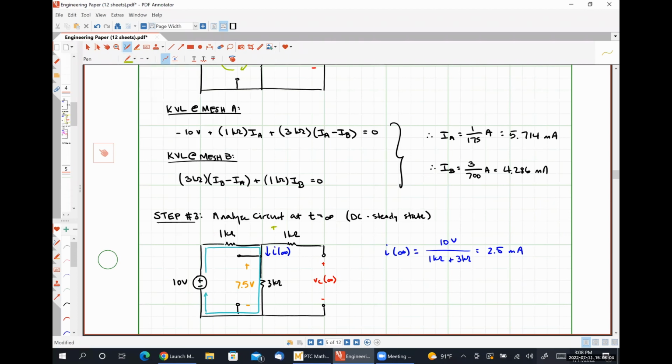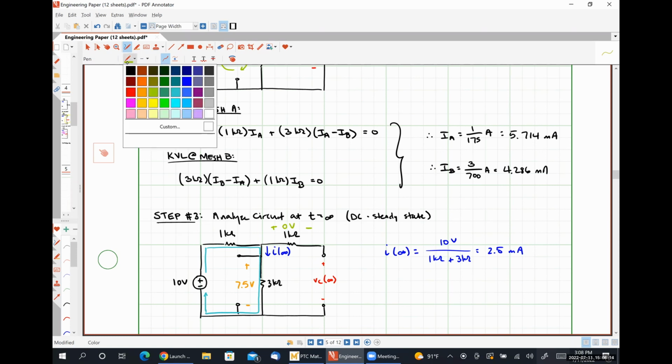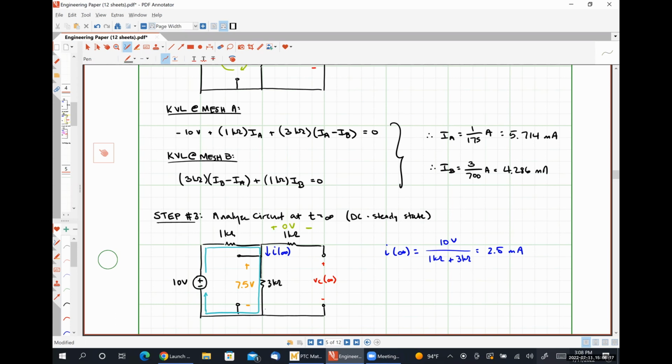Since no current is flowing through the 1 kilo ohm resistor on the right, the voltage drop across that 1 kilo ohm resistor has to be 0 volts. And writing a KVL equation around this loop tells me that VC at infinity is 7.5 volts.